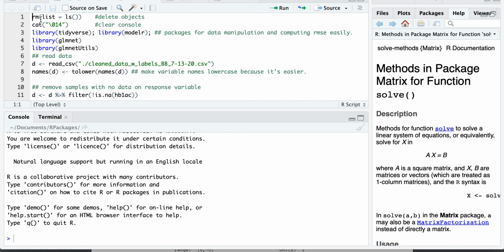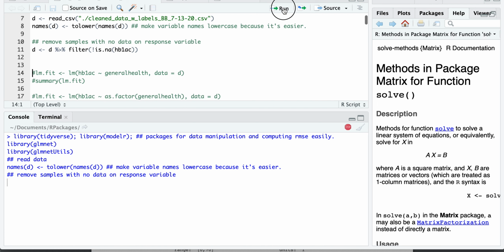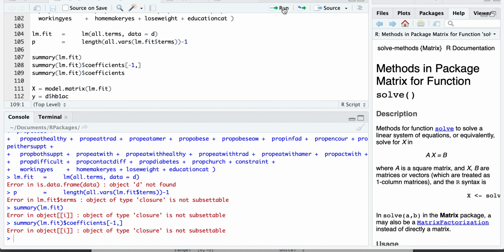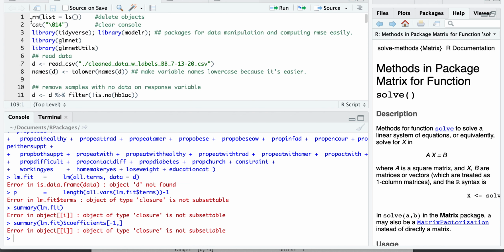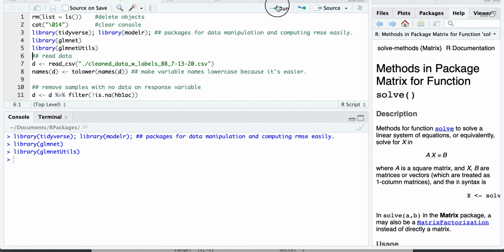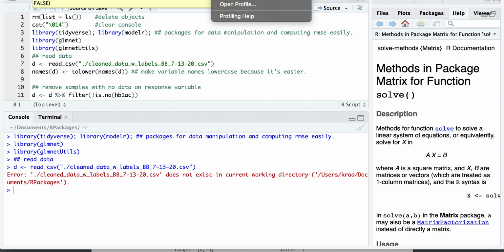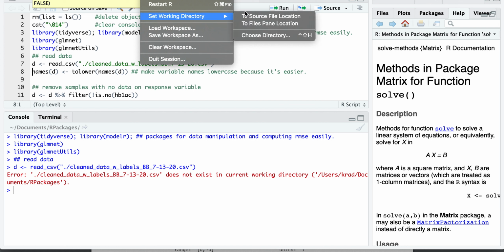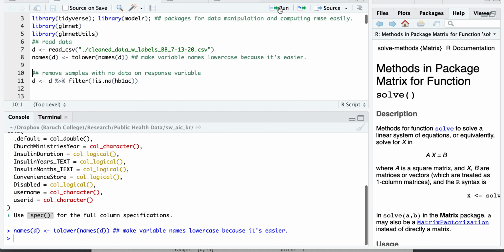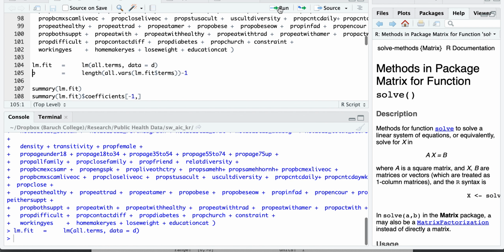Okay, so I had to restart this. Let's do this again. Oh, the problem is path. Typical problem, easily resolved. Let's remove this.